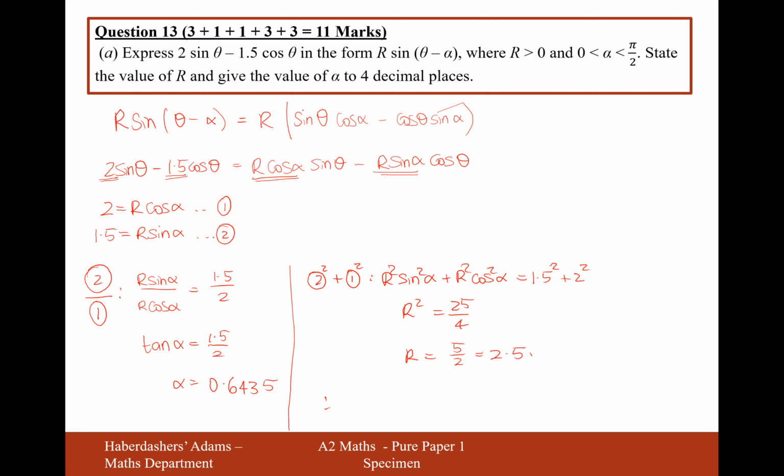So therefore what we can say is that 2 sine theta minus 1.5 cos theta is identical to 2.5 sine (theta minus 0.6435). So there we are, that's the answer to part A.